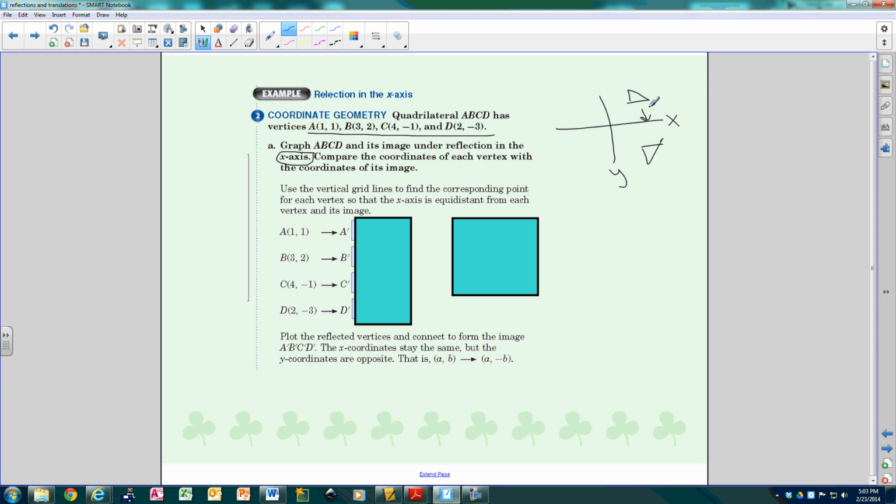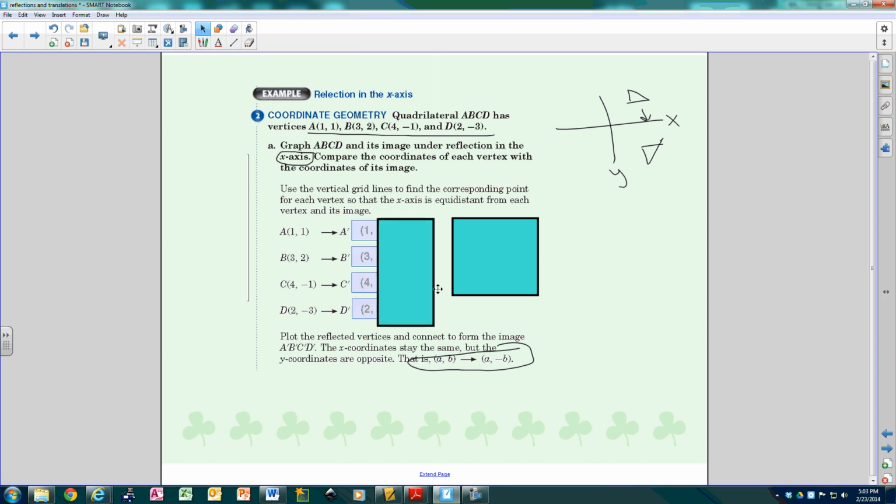so it's going to be down here, okay? And there's actually a rule, so I'm going to go ahead and tell you the rule. The rule is whatever your original values are, so your originals, A, B, C, and D, all you're going to do when you reflect over the x-axis is all your x-values are going to stay the same.